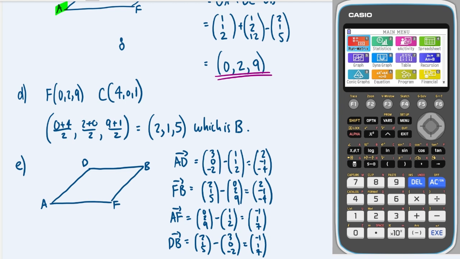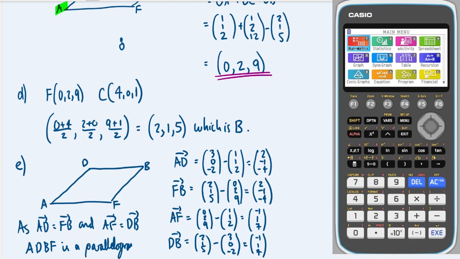Great. And then we can say as AD equals FB and AF equals DB, ADBF is a parallelogram. Oh, monster question, finished.